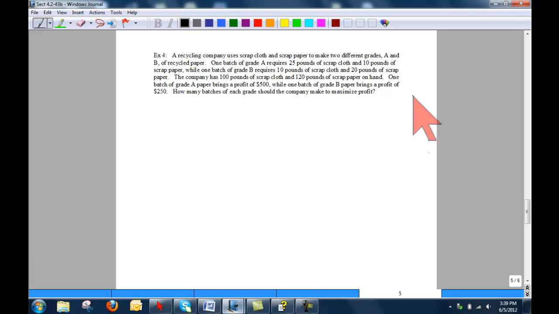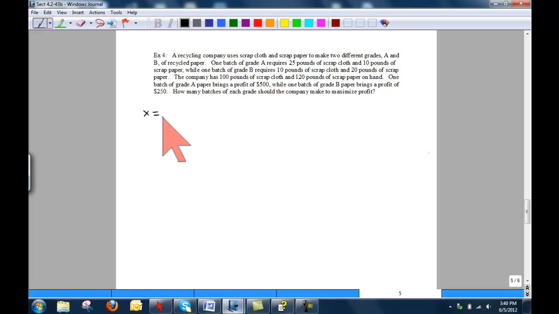Let's work this from beginning to end, but I'm going to brush over some of the algebra steps in the middle. By now we've done quite a bit of graphing of lines and shading the correct side of the inequality and so on. So, what do we want to know? How many batches of each grade should the company make? So maybe a good idea to let variables stand for those.